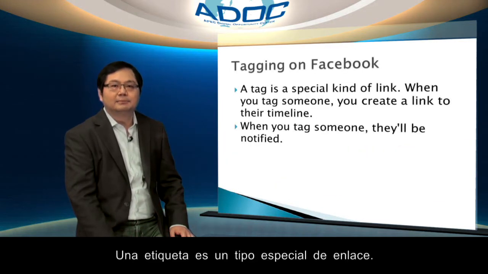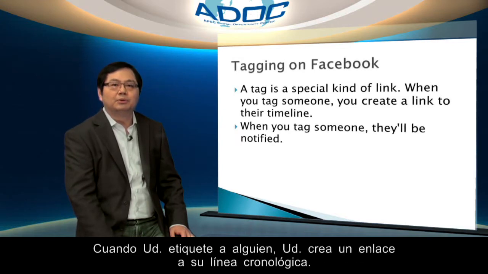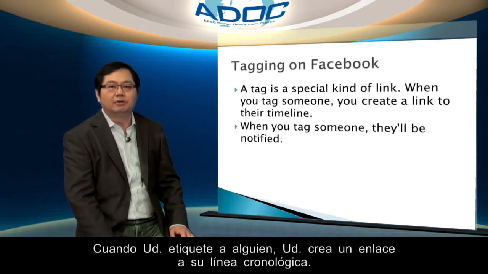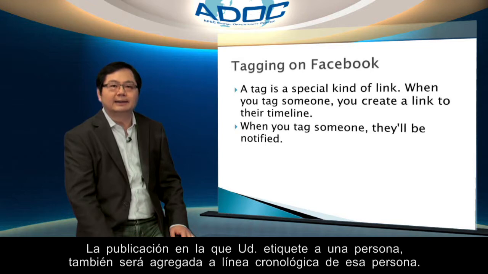A tag is a special kind of link. When you tag someone, you create a link to their timeline. The post you tag the person in may also be added to that person's timeline.